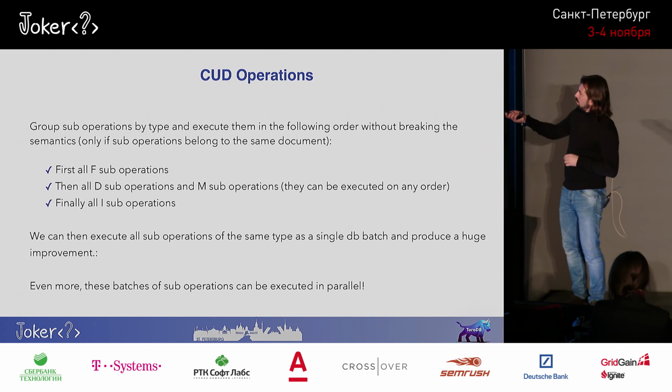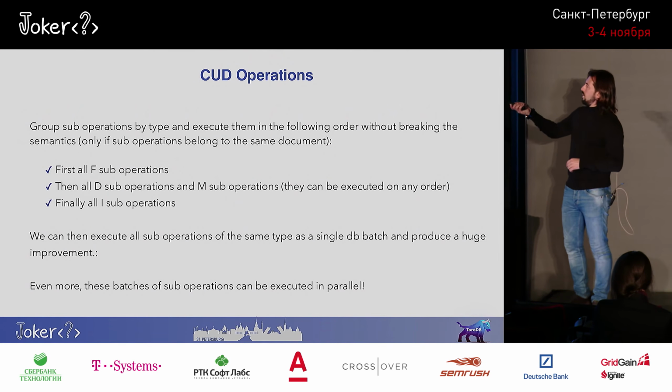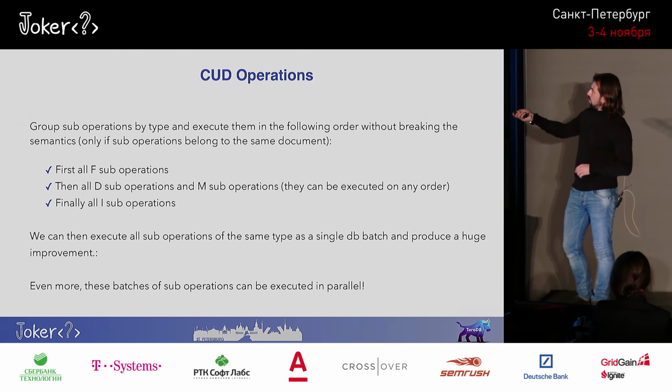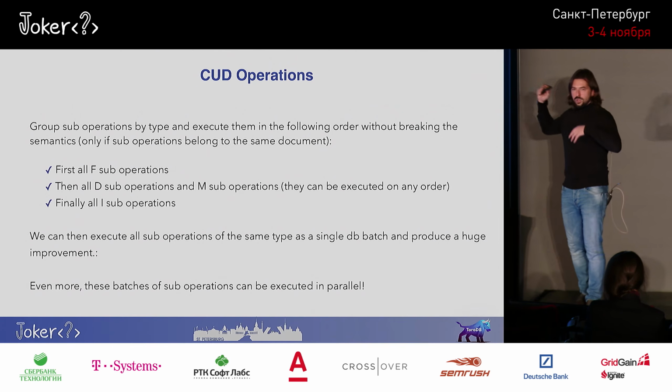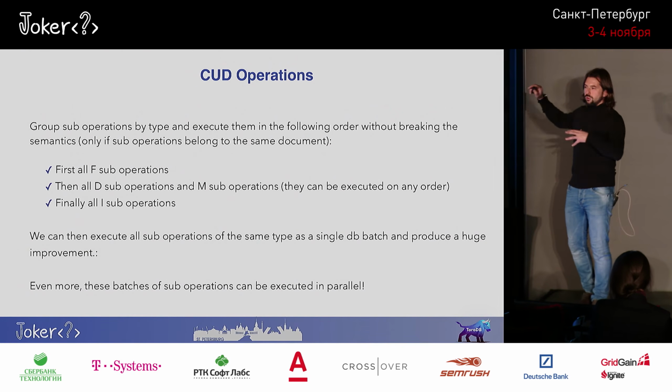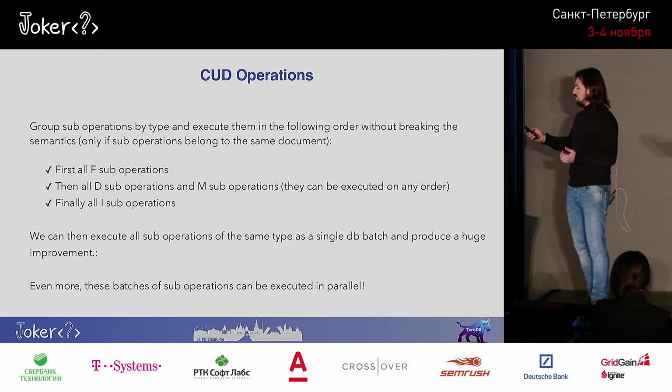So by grouping all the fetches first, then we can do all the DMN operations, and finally all the I operations. And we created invariant tables to make sure that this actually works, and it does.